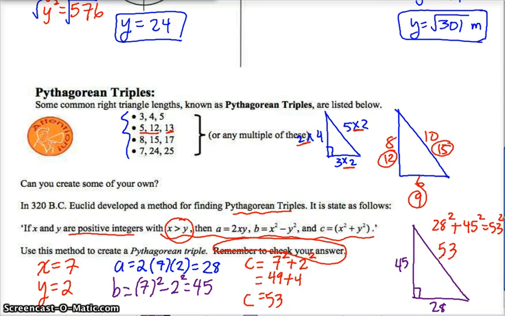So 28 squared plus 45 squared, I just grabbed my calculator. Does that equal 53 squared? Yes, it does. 2,809 equals 2,809. So yes, these are equal, so this is in fact a right triangle, and I did these steps correctly. So my A is 28, my B is 45, and my C is 53. Cool.